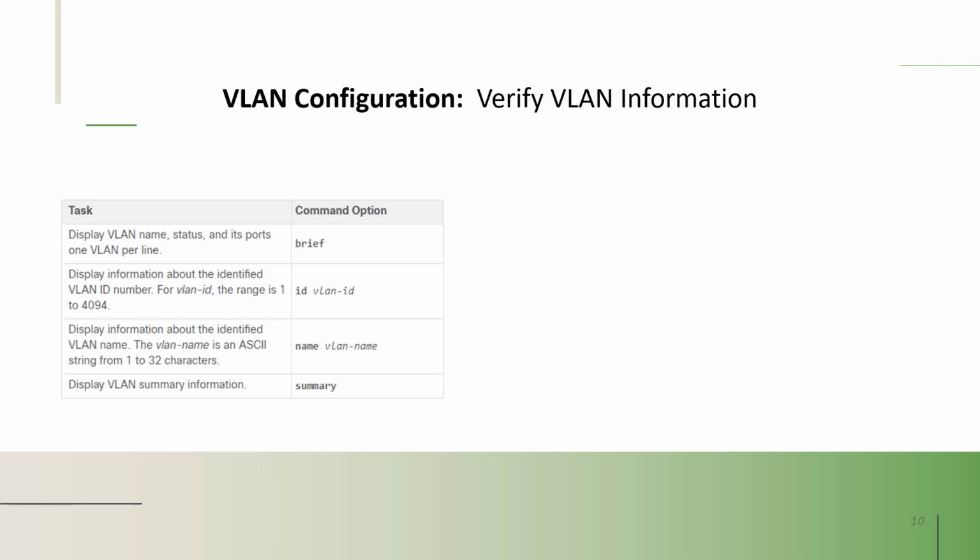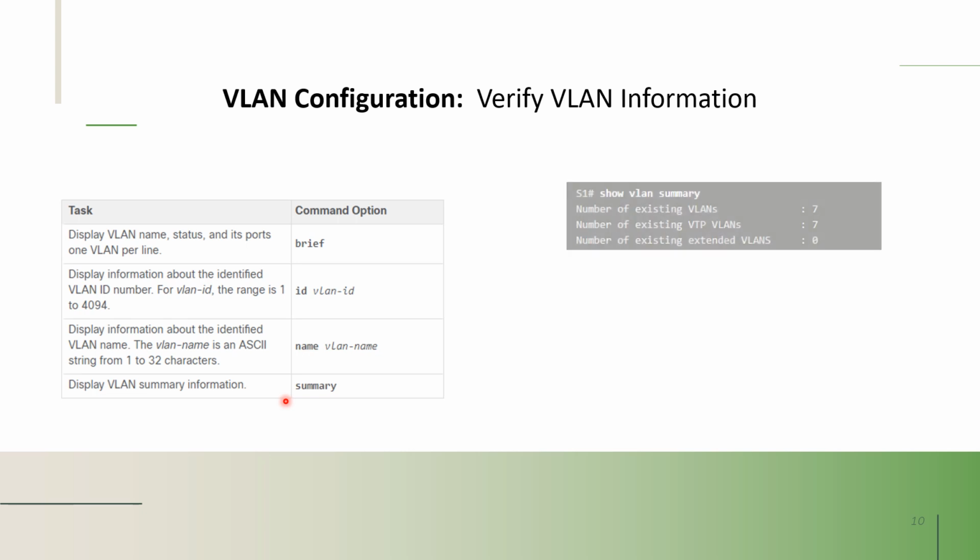And if it is followed by name and the VLAN name, it will show information about that VLAN, but in this case the information is searched by the name. And if you say show vlan summary, it will display VLAN summary information.